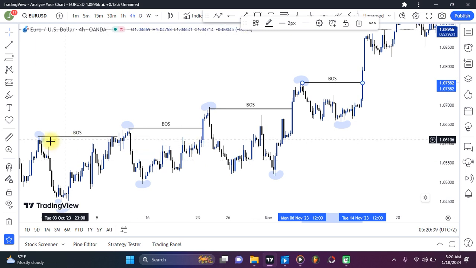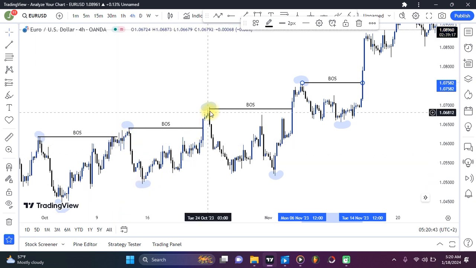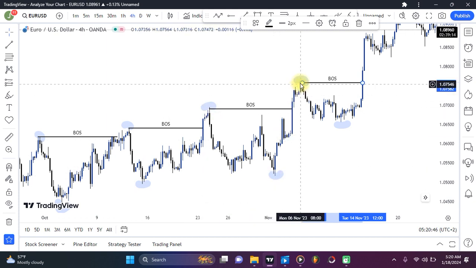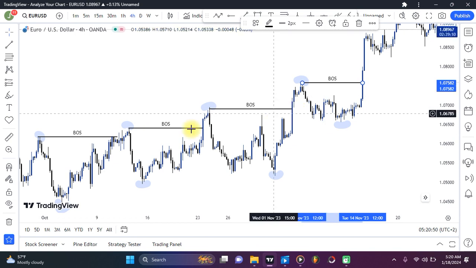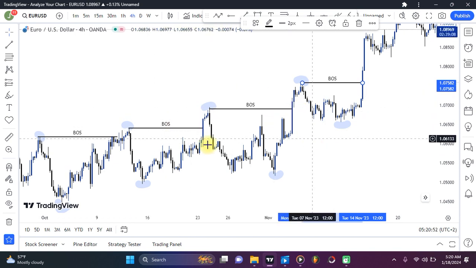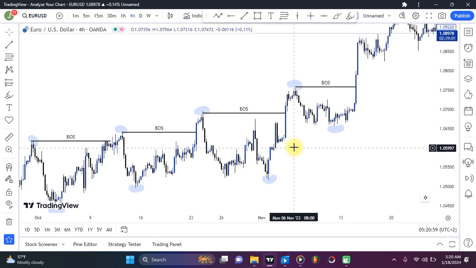So as you can see, when the market retraces, it makes an impulse, it retraces, it makes an impulse, it retraces, it makes an impulse, it continues breaking the structure to the upside, and then we can clearly say that the market is on a continuation.